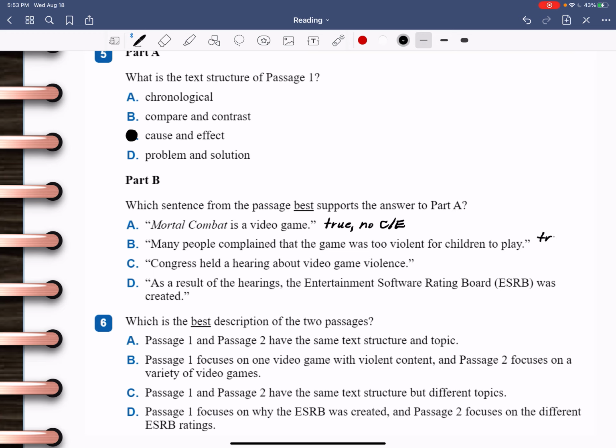That's true. It gives me the cause, but no effect. The cause was that they complained, but what happened because they complained? Congress held a hearing about the video game violence. That is true. That is the effect, but no cause.